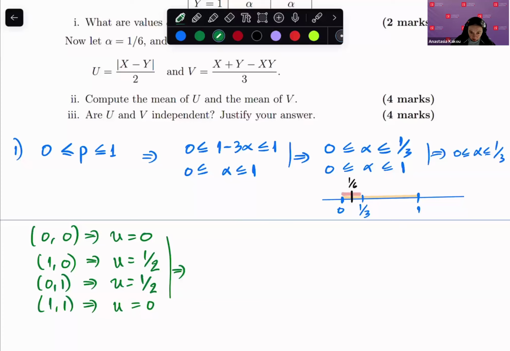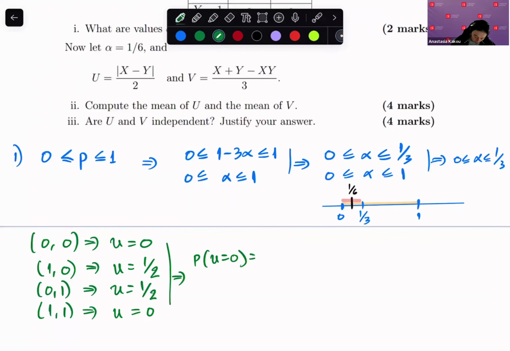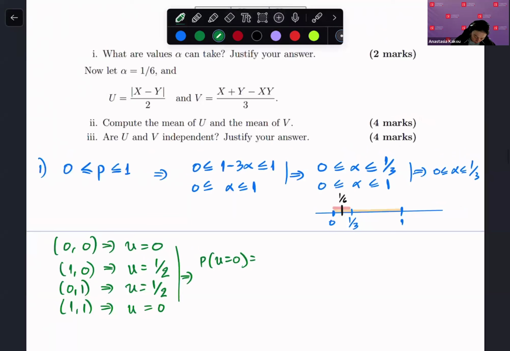you can write the PDF of U either as a table or as a function, whatever is more convenient. So you have the probability of U equals 0. When is U 0?